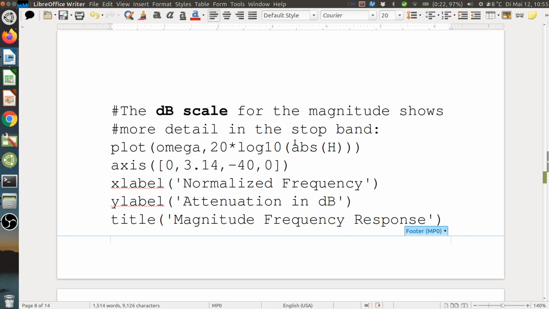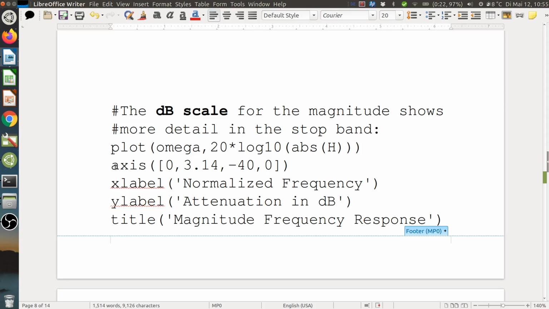So instead of just taking the magnitude or the abs of H, we apply the logarithm of base 10 and multiply it by this factor of 20. So this is how our dB for voltages or currents is defined, and here we assume we have something like voltages, right? When it comes from the A to D converter, usually it measures voltages, say, from a microphone.